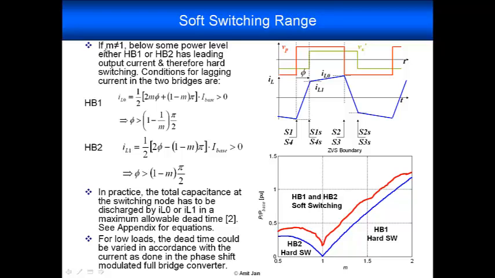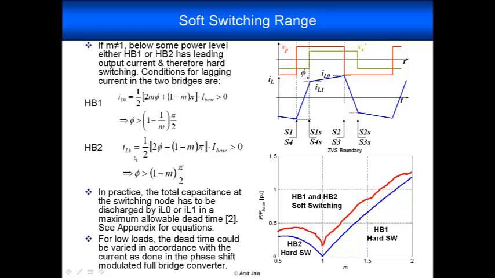But that's only when the input and output voltages are at their nominal values. If they are not equal to the nominal values, which is typically the case in any power converter, then this variable m is not equal to 1, and we do not get soft switching down to zero load.